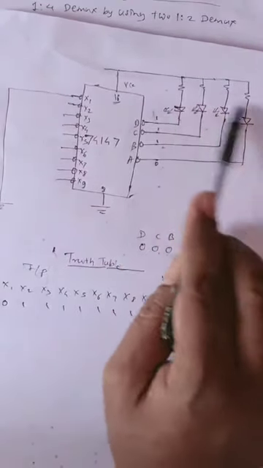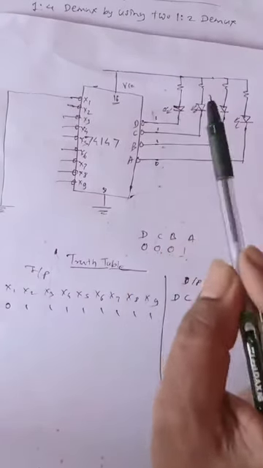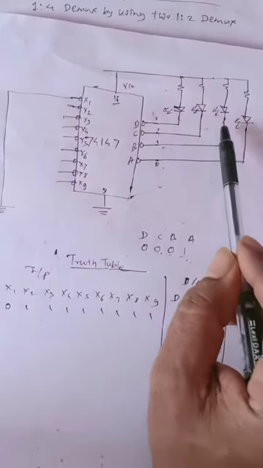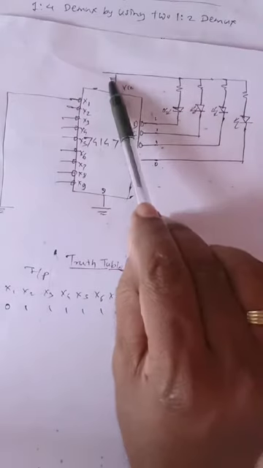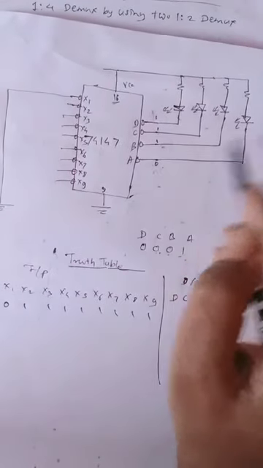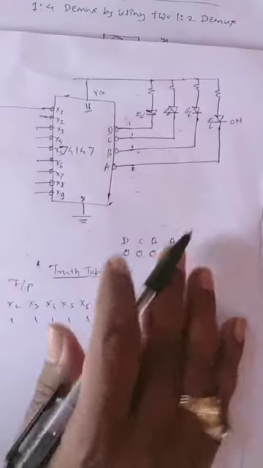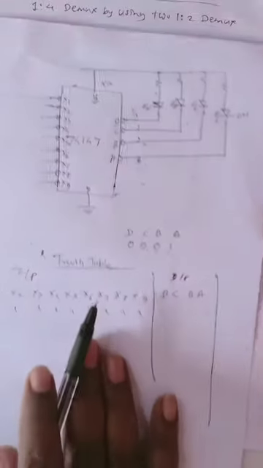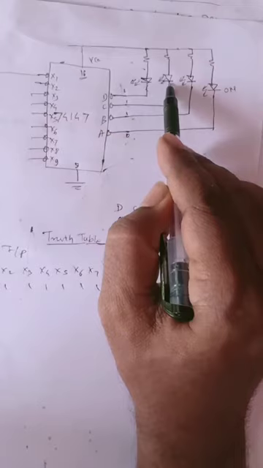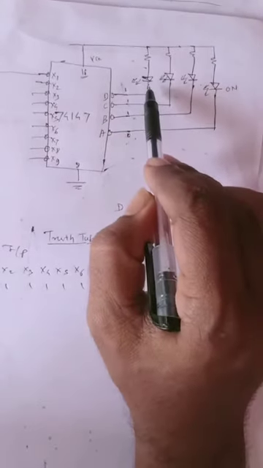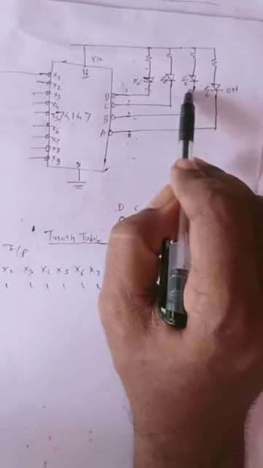The connection is such that if 1 is applied to the cathode, the LED becomes reverse biased, and if 0 is connected to the cathode, the anode is already at positive potential, so it will turn on and all remaining LEDs are turned off. So this LED is off, this LED is off and this is on. That means you can read 0001.